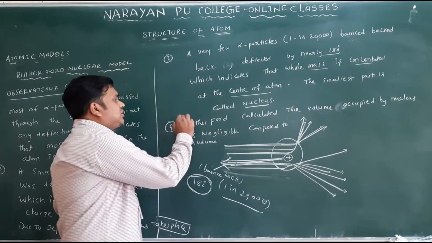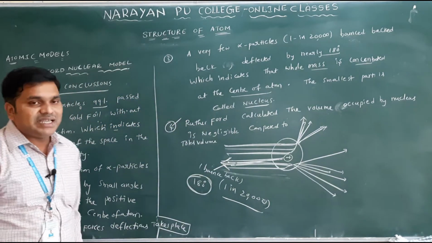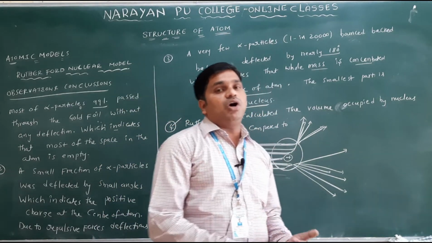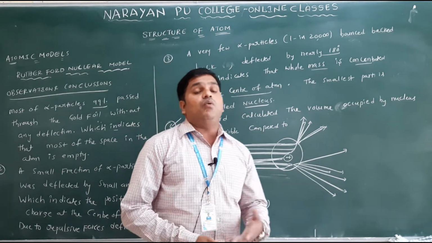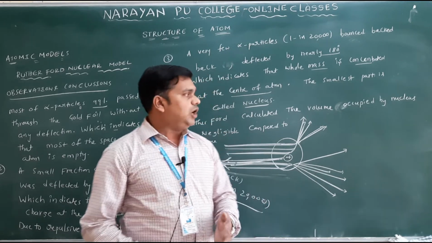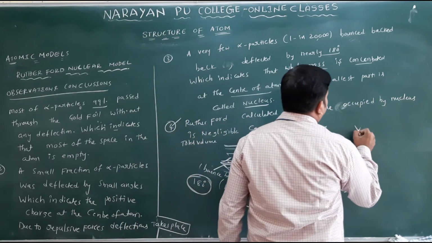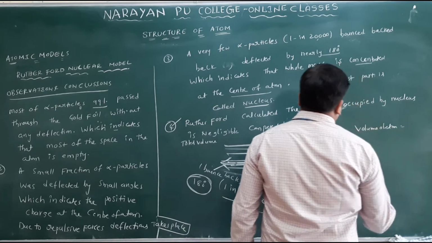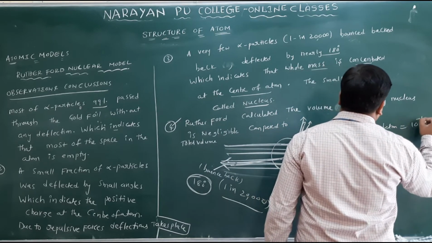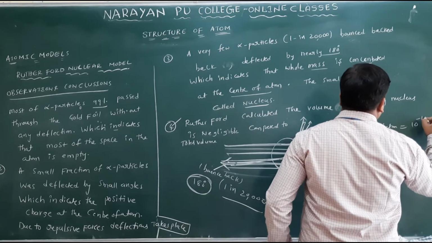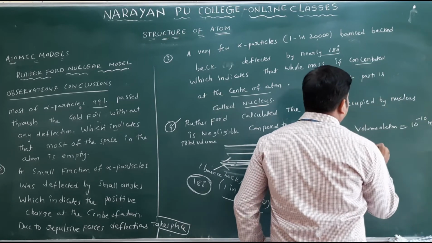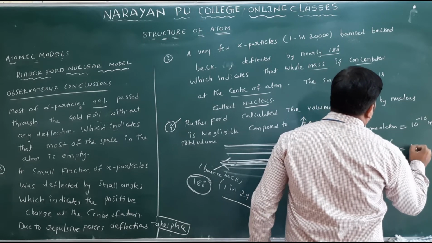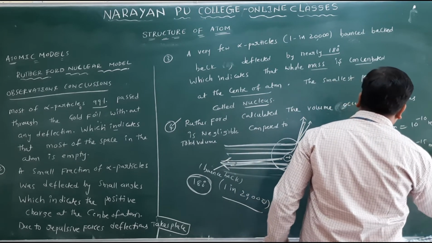One more observation: Rutherford mainly calculated the volume occupied by the nucleus, which is very small when compared to the total volume. If we take the size of an atom, it is nearly 10 power minus 10 meter, and the size of the nucleus is 10 power minus 15 meters only.